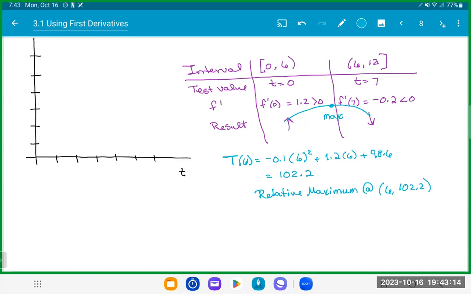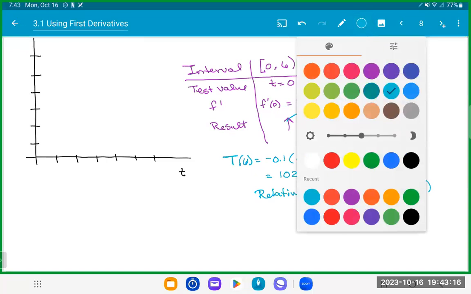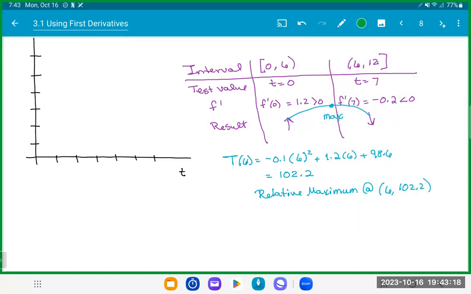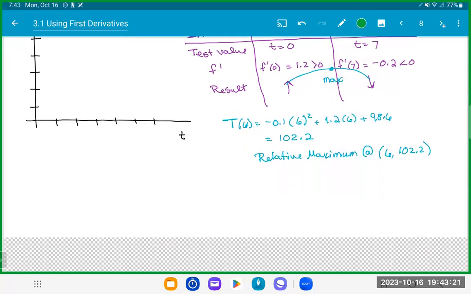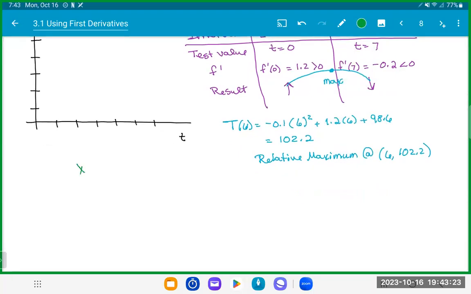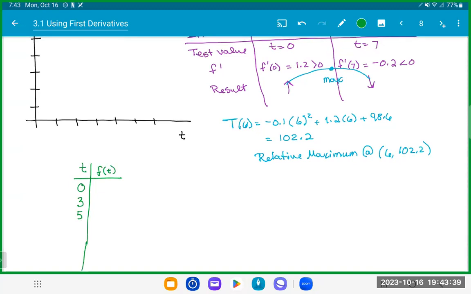The last thing we want to do is sketch out that graph. Let's sketch some T and F of T values. We could do times 0, 3, 5 just to give a little bit of granularity, 6, 8, and 12.